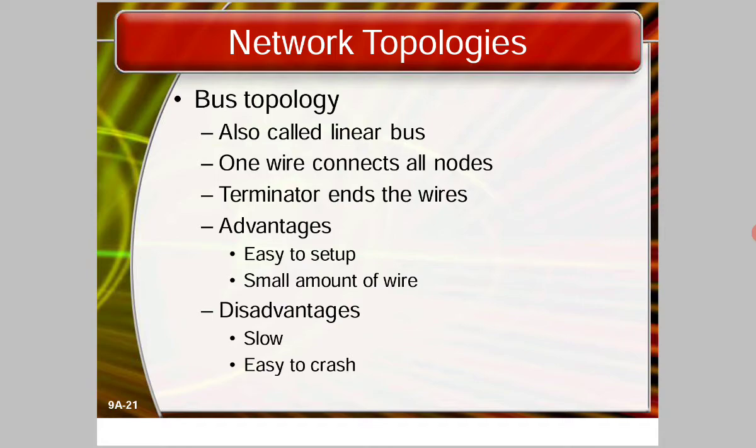So there are four types of networks. First one is bus network or bus topology. Second one is star topology. Third one is ring topology. Fourth one is mesh topology.